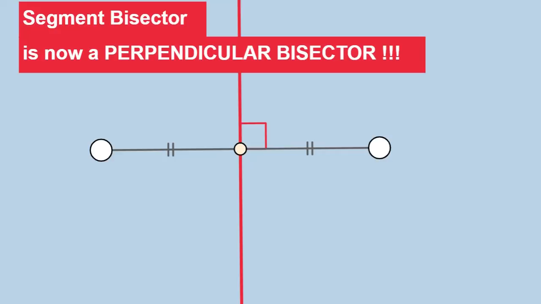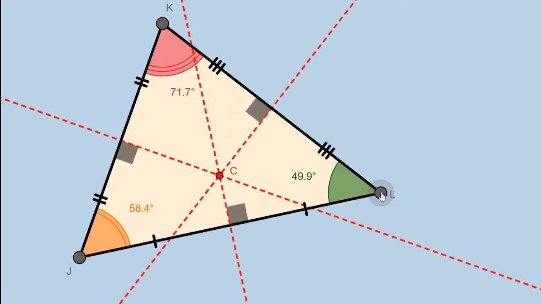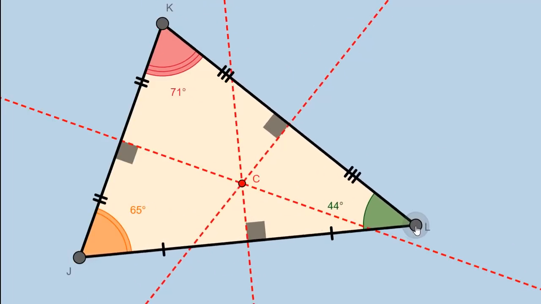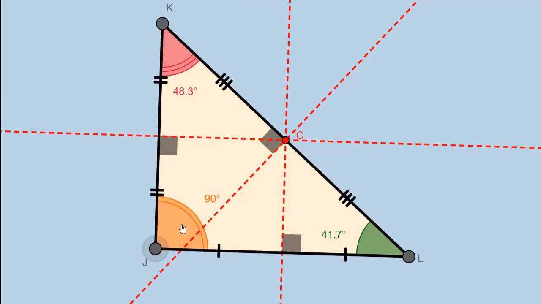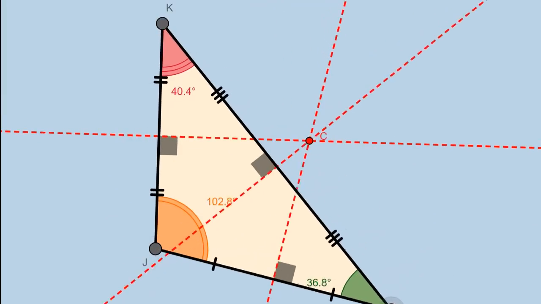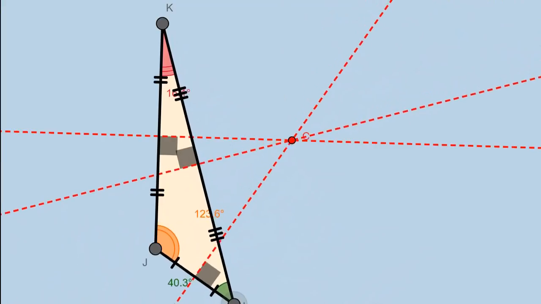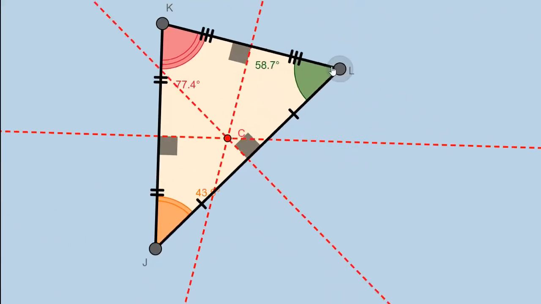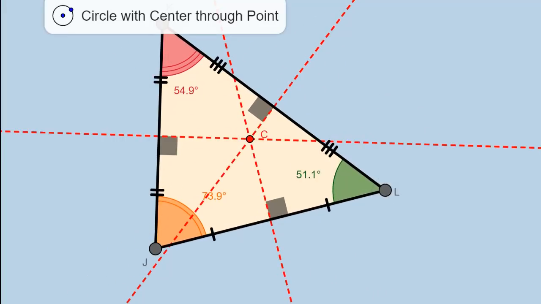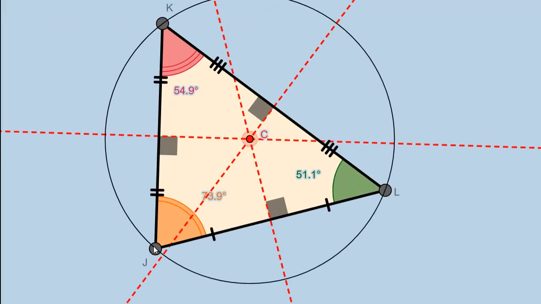Now, when I put more than one perpendicular bisector in a triangle, they meet at a point called a circumcenter. You'll notice now I've got a 90-degree triangle. The circumcenter ends up being at the midpoint of the triangle when it's a 90. If it's acute, it's going to be inside, and if it's obtuse, it'll be outside.